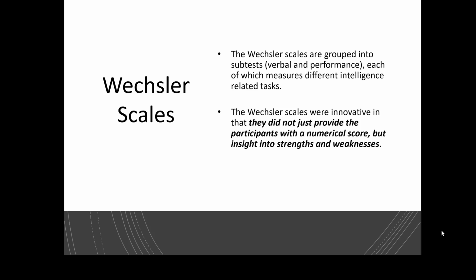The Wechsler scales were innovative in that they did not just provide the participants with a numerical score, but they also provided insight into strengths and weaknesses. The Wechsler IQ scores are based on the participants' timed responses and how that deviates from the scores of age mates, and has become the standard for scoring IQ tests today.